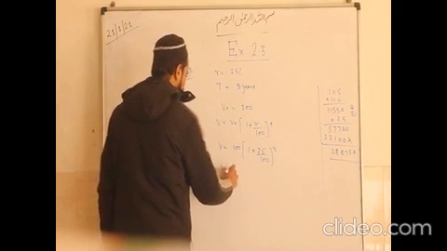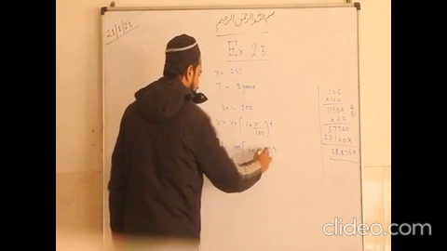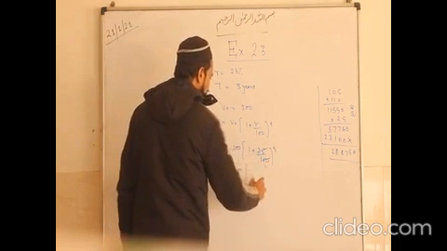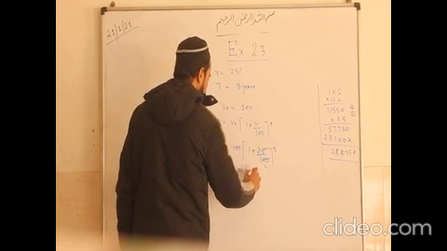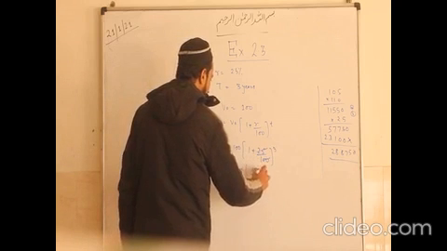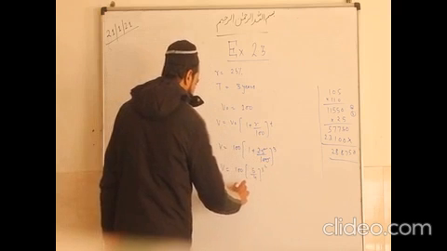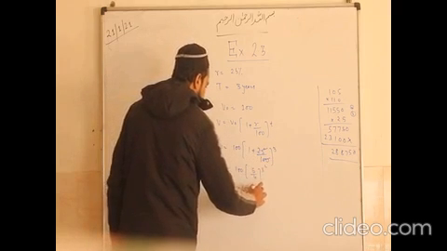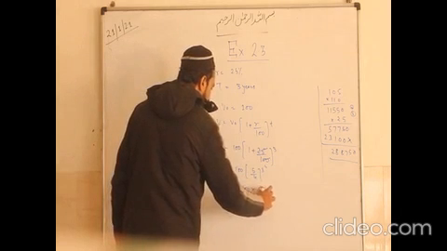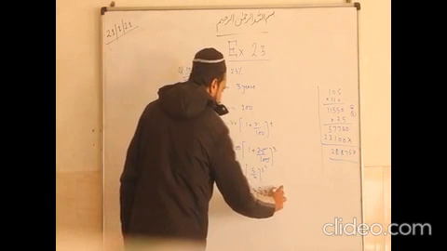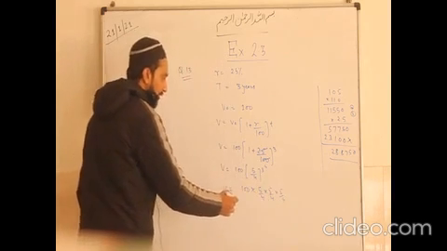So V will be 100, and we can divide this by 4 directly. 4 plus 1 is 5, so 5 by 4 whole cube. V equals 100 into 5 by 4 into 5 by 4 into 5 by 4. Now we will try to solve it.